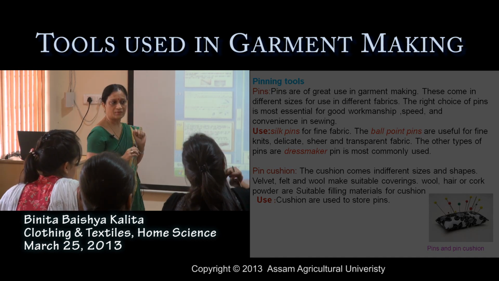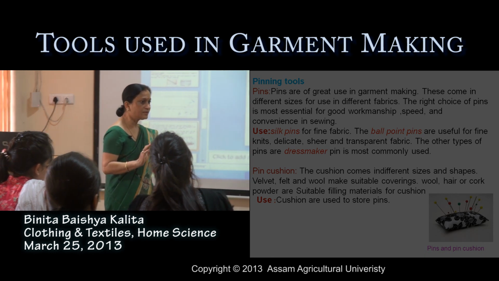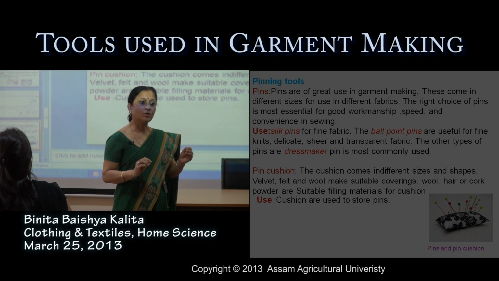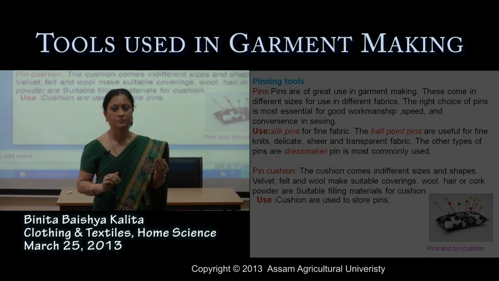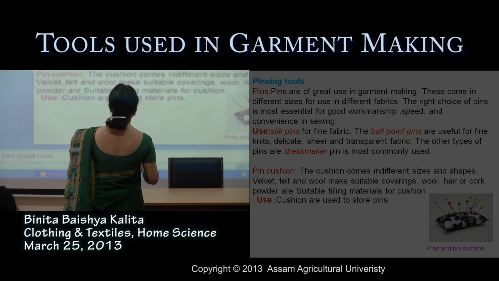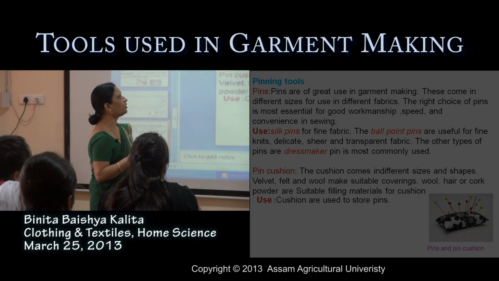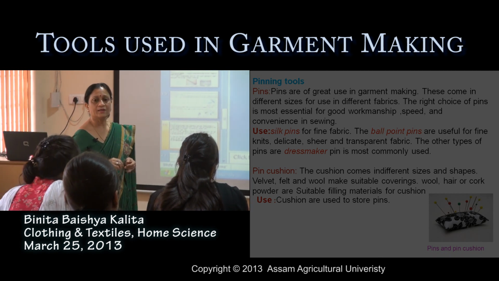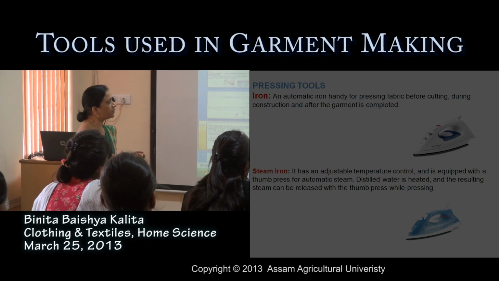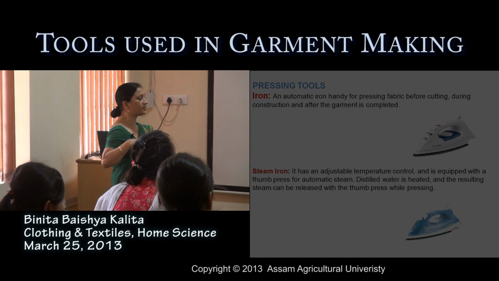The pin is very important, and in the case of pins also there are different sizes and types. According to the type of fabric, you have to use different types of pins. So there are silk pins and ballpoint pins. The silk pins are used for very fine fabric, that is silk fabric, and ballpoint pins you can use for delicate knitted fabric as well as sheer fabric.